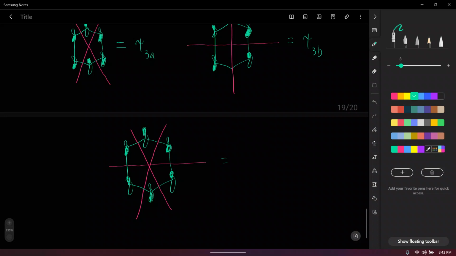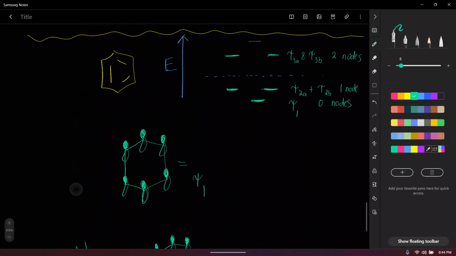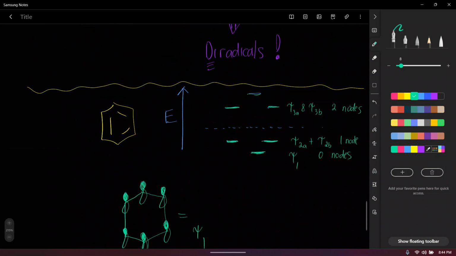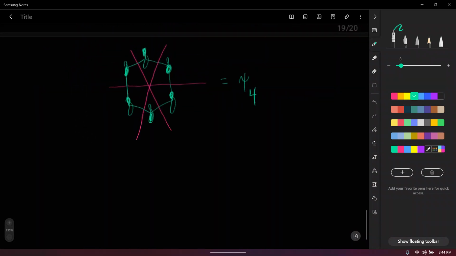And that would be psi 4. And that's what psi 4 looks like. And obviously psi 4 has 3 nodes, 3 nodal lines.